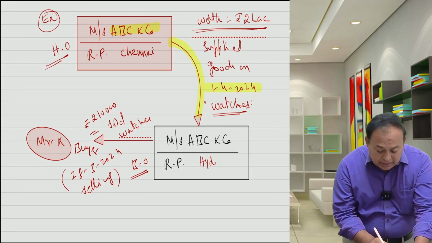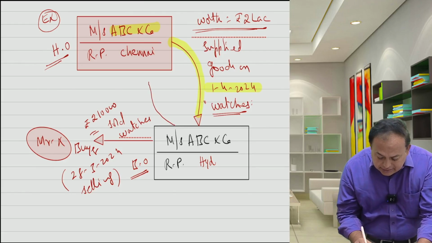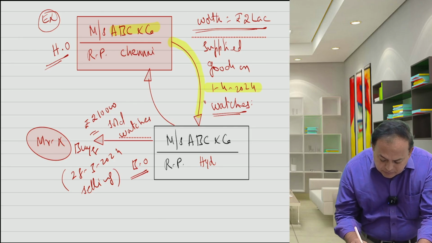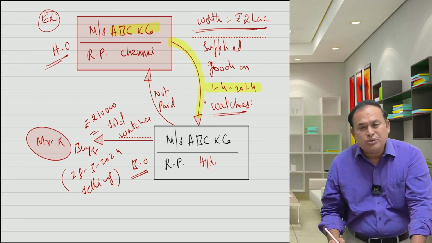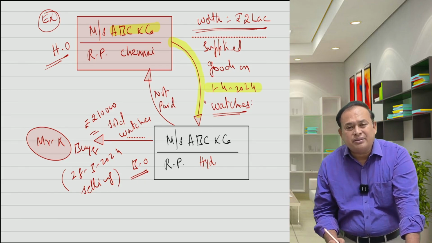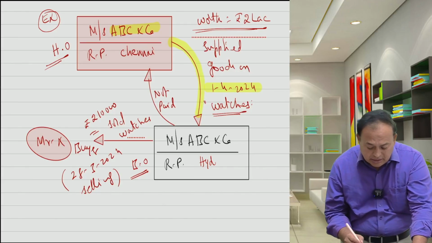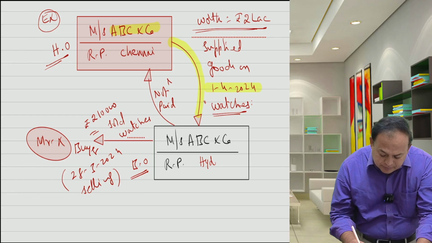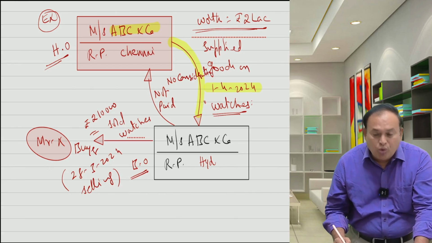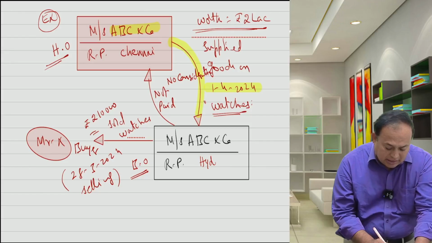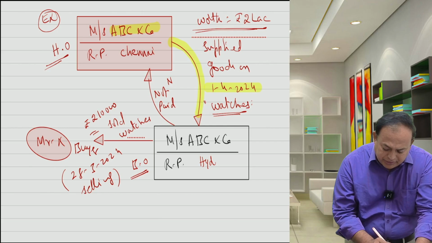Now here, this branch office has not paid anything to them. Not paid means no consideration. No consideration is the meaning of it.